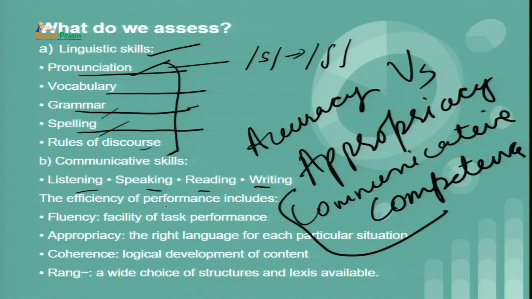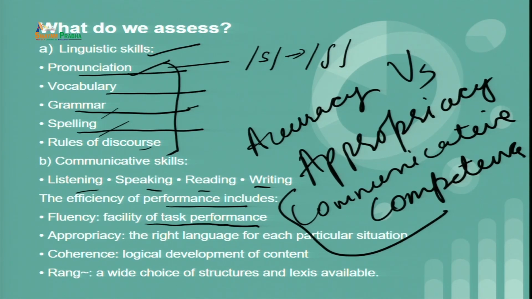The efficiency of performance includes fluency, appropriacy, coherence, and a wide choice of structures and lexis available in the text. Fluency is the facility of task performance, whether the learner is able to complete it at the right speed. Appropriacy is the suitability of the content put up in the context.